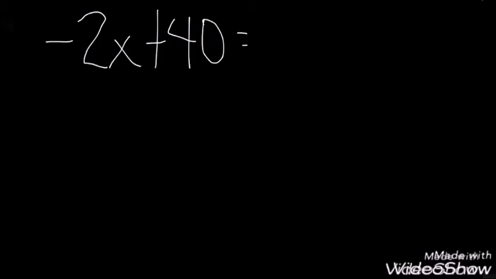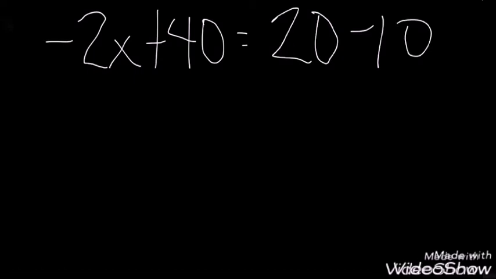Like terms again, we're going to write it again, as follows. After that, like what I said, we're going to combine like terms by subtracting 40 from both sides.